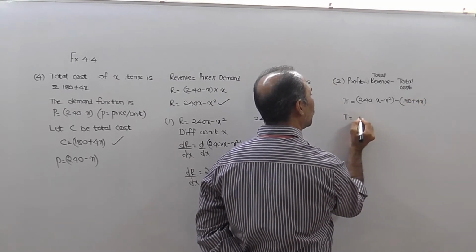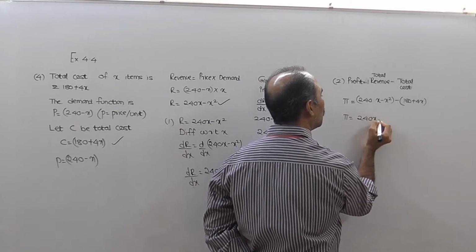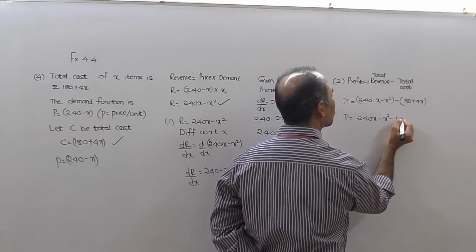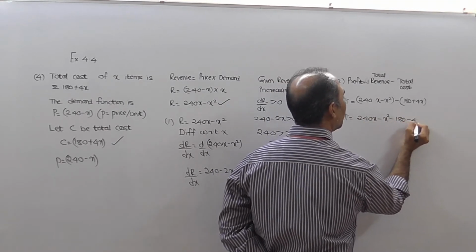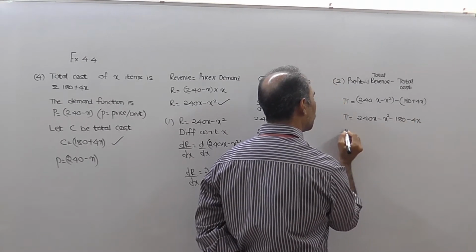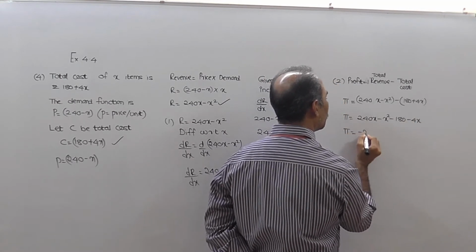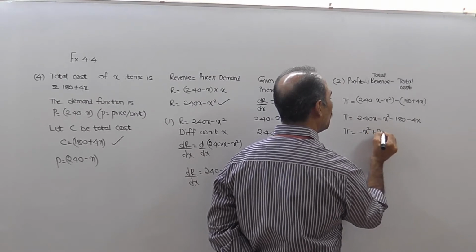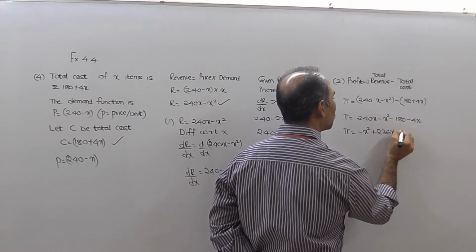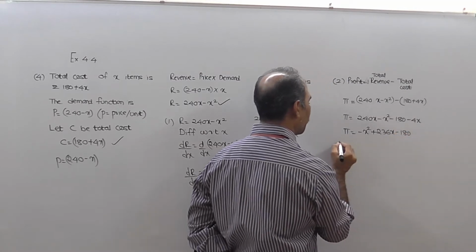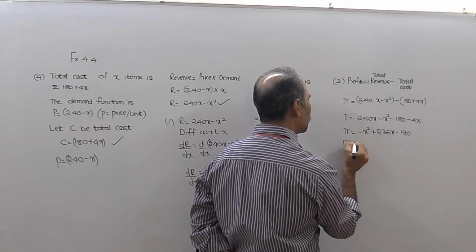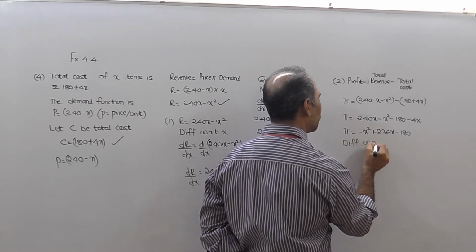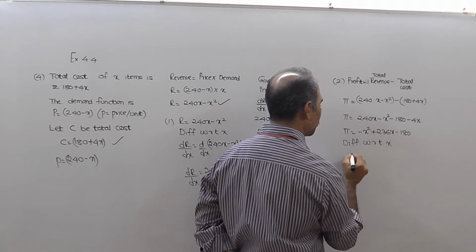So you have pi equal to 240x minus x square minus 180 minus 4x. So you have pi equal to minus x square plus 236x minus 180. Now what you do is differentiate with respect to x.